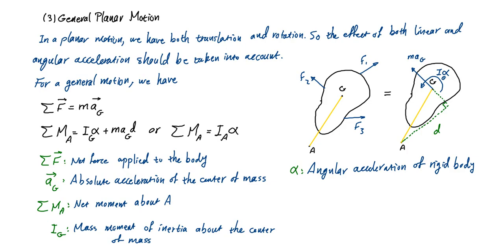Then we'll have d. I'll define d, as I mentioned before, as the shortest distance between the axis of rotation, or point A, and the vector m a_G. m a_G is a vector, since a_G is a vector. So let me write it this way.